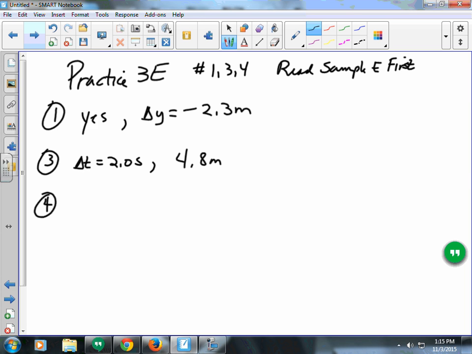Number 4, what is the speed of the salmon? 6.2 meters per second. Okay, let's look at number 34.